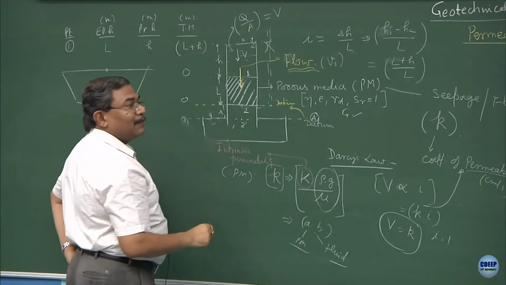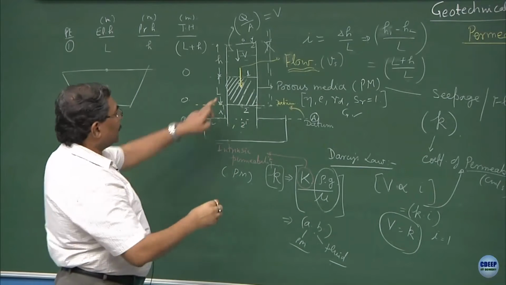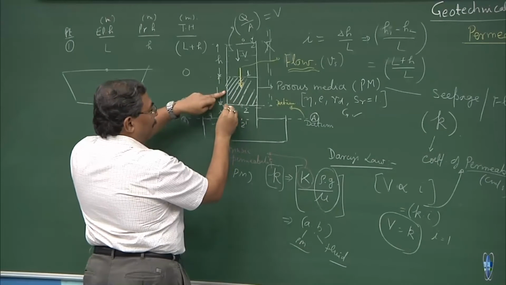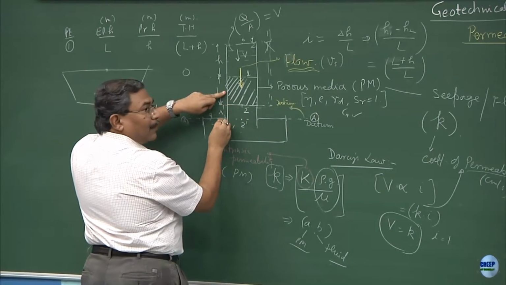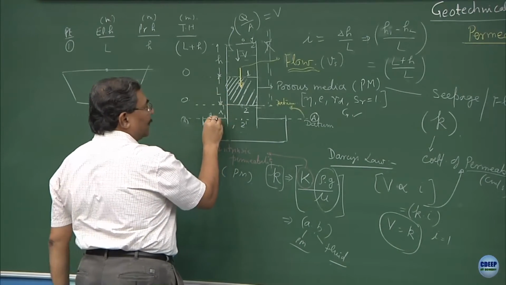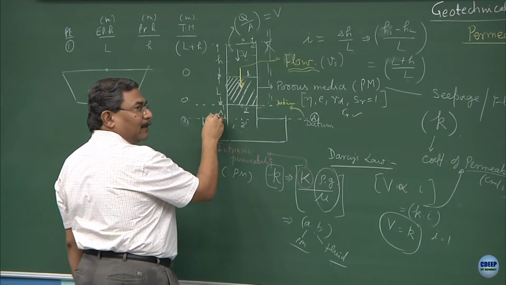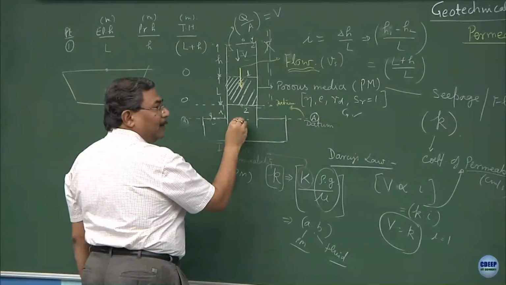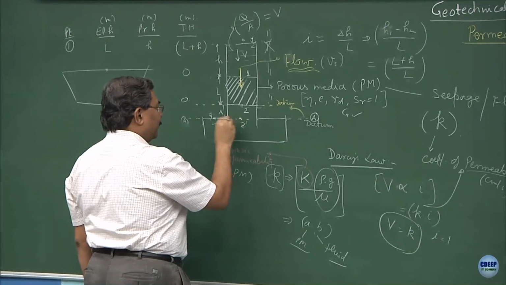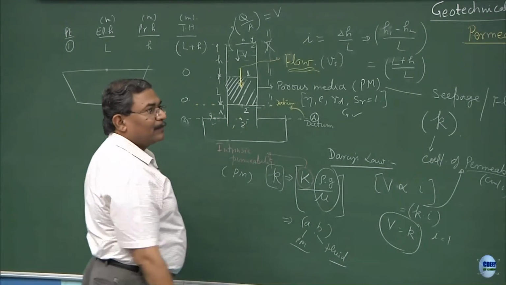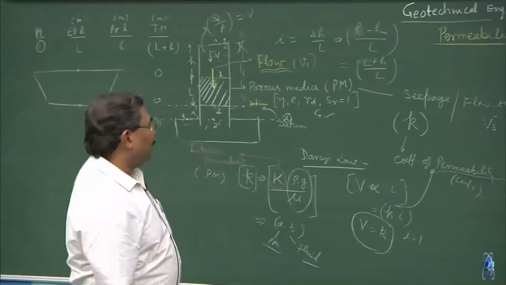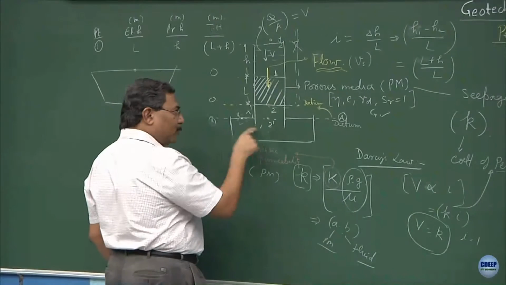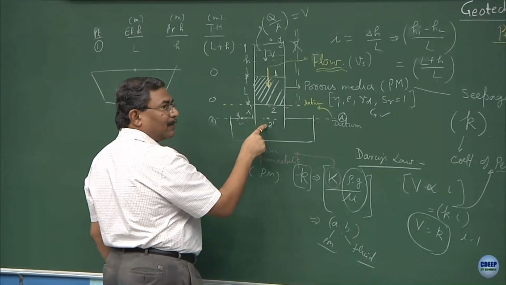Outside the tube, on this side, somewhere here, is the atmospheric point. At this point, tell me what will be the head difference between this and this? 0. Why? Simple philosophy: both the points are atmospheric, this is also atmospheric, connected to the atmosphere through the water.